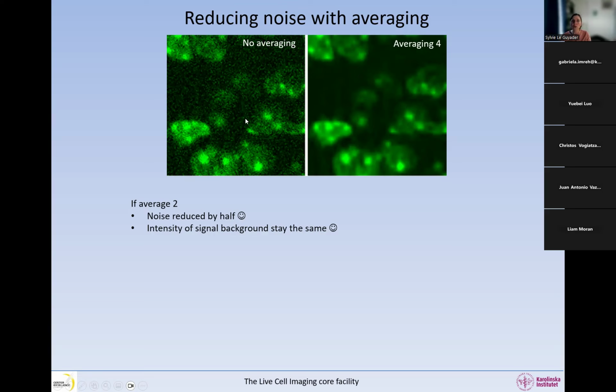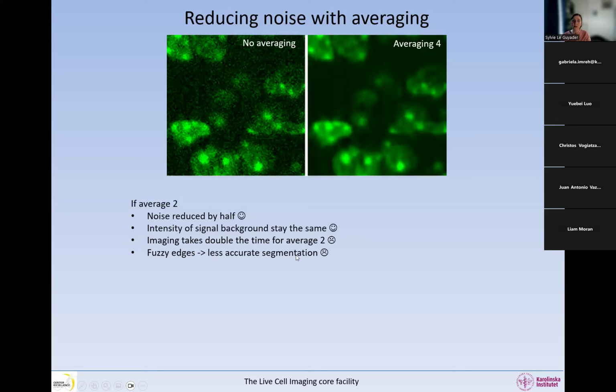Okay, so you do not see this process of acquiring one and the other image. The software will deliver just one image to you, so it's done on the fly. However, the imaging takes double the time if you average, so it takes longer. On top of that, the edges of objects are a little bit fuzzy, because we're removing the noise, but we don't really know where the real edge is.